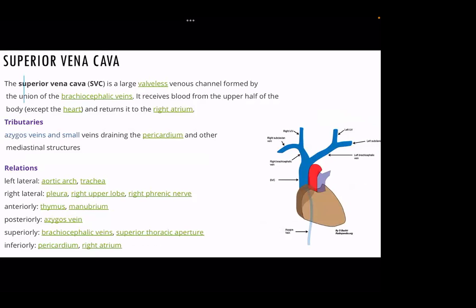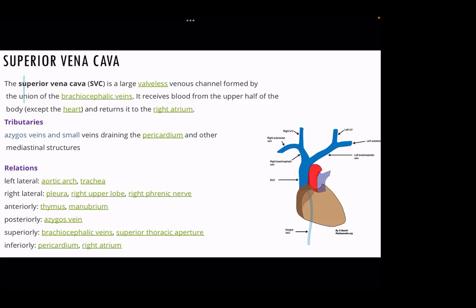Superior vena cava. The superior vena cava is a large valveless venous channel formed by the union of the brachiocephalic veins. It receives blood from the upper half of the body except the heart and returns it to the right atrium. Tributaries: the azygos vein and small veins are the only tributaries of the superior vena cava.